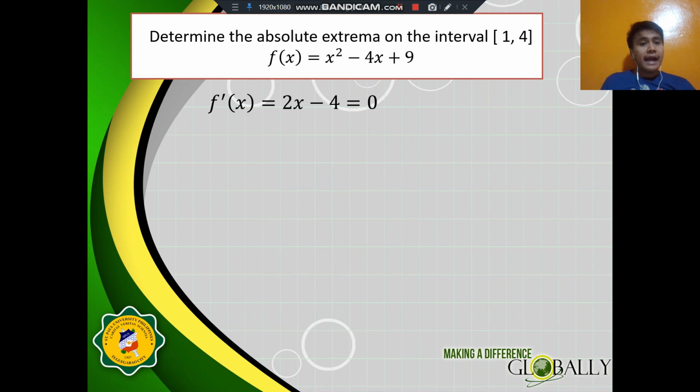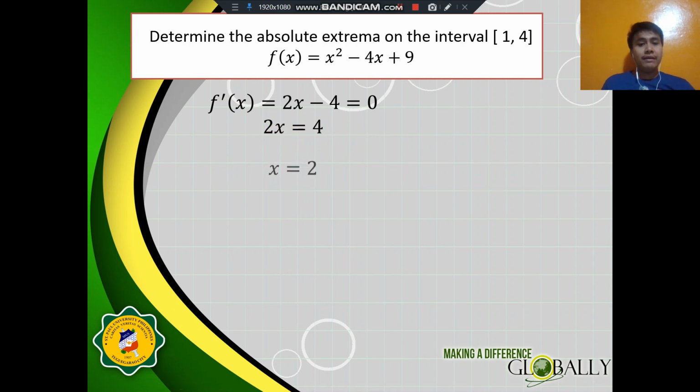So in order for us to determine the value of x, or the critical value, we are going to transpose 4 to this side, and we have 2x is equal to 4. Now, in order for us to leave x on this side, we divide both sides by 2.